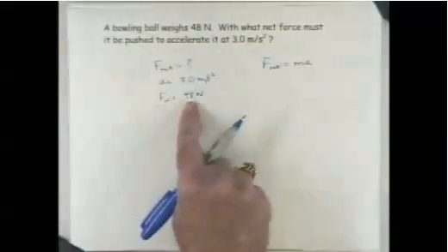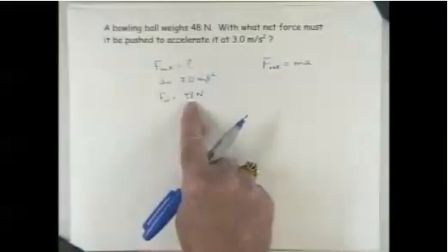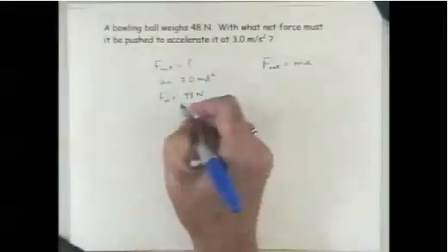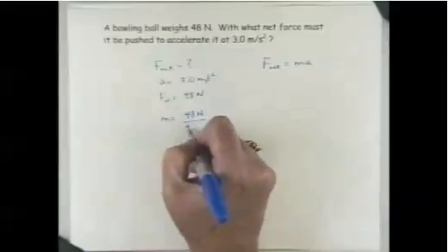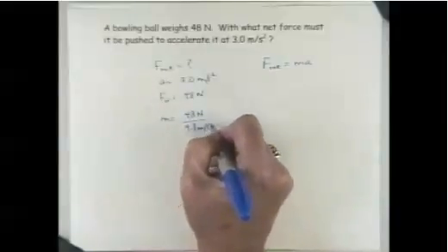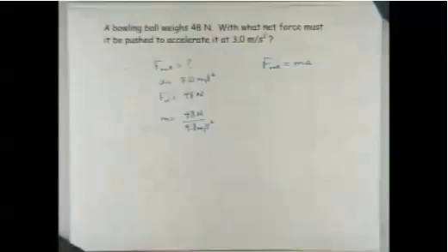So we'll quickly convert our 48 newtons into mass by dividing by 9.8 meters per second squared. You don't even have to do the math. In fact, it's probably better if you just leave it as mass equals 48 newtons divided by 9.8 meters per second squared and plug and chug.